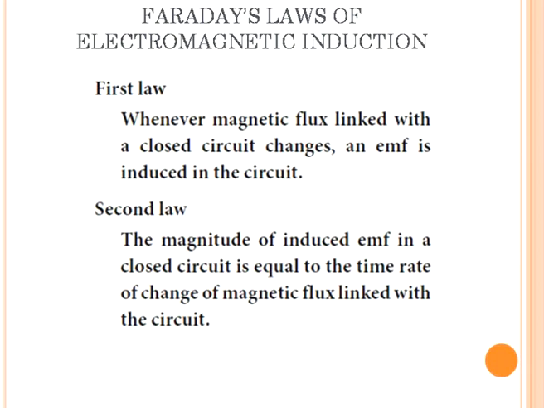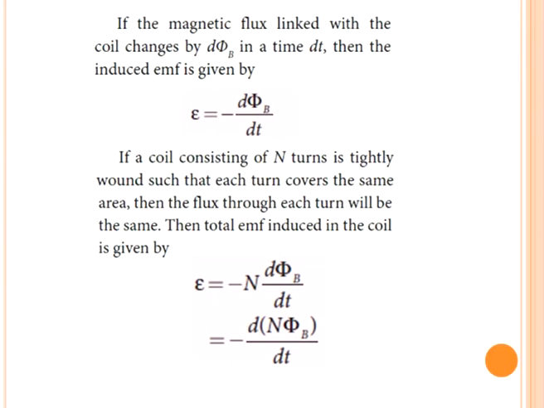And this is Faraday's second law of electromagnetic induction. If the magnetic flux linked with the coil changes by d phi in a time dt, then we can write the induced EMF as E is equal to minus d phi by dt.